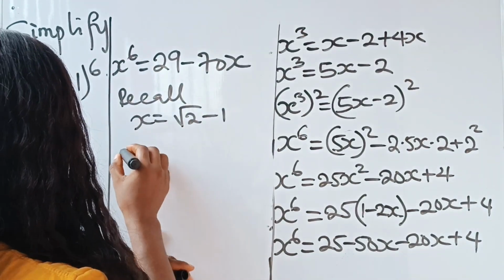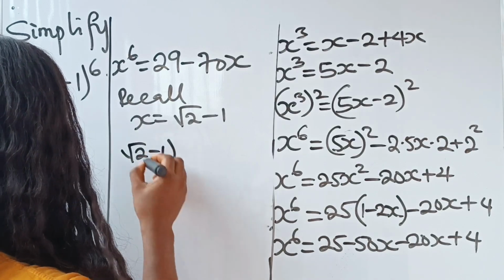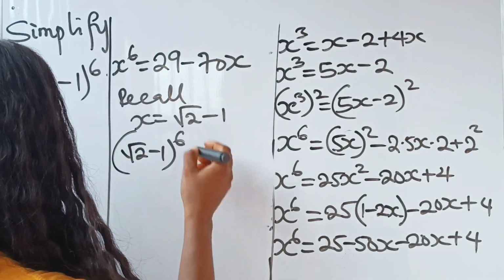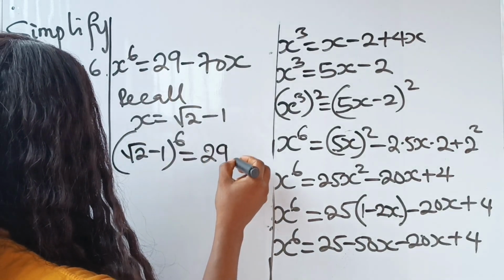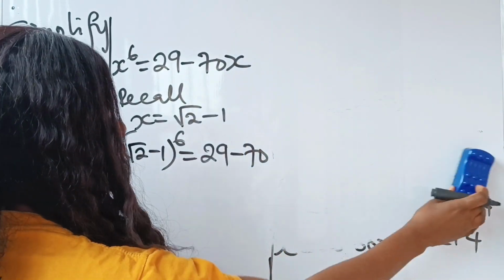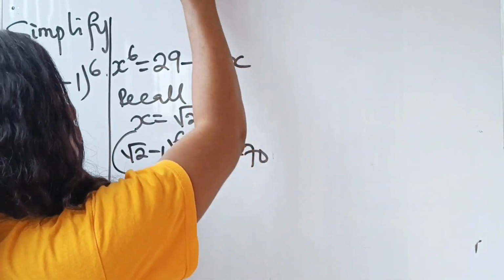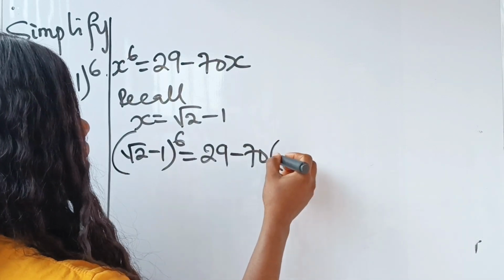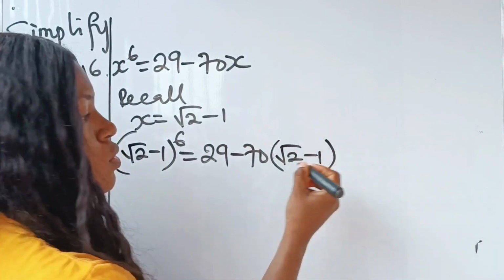So we have root 2 minus 1 raised to the power of 6 is equal to 29 minus 70 bracket root 2 minus 1.